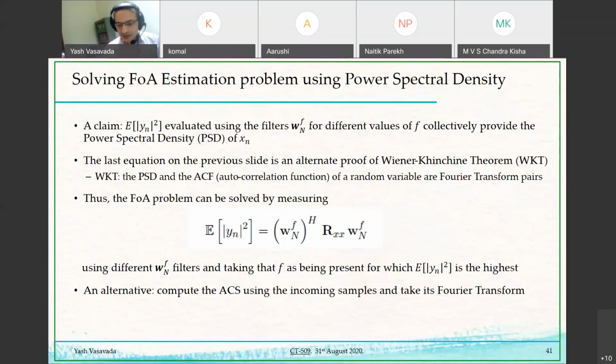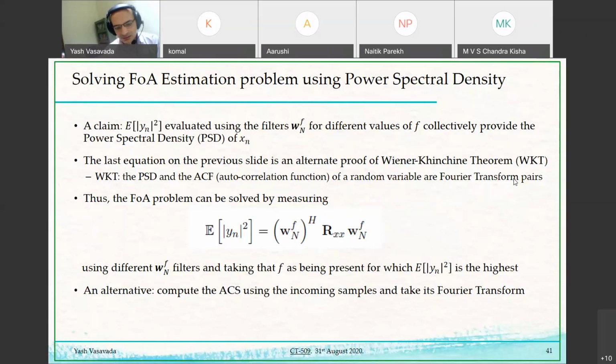Well, Komal and Kishan, this was a trick question actually. Naitik, are you saying something? No, sir. Okay. Arushi?